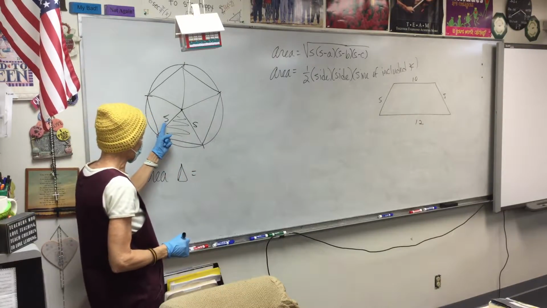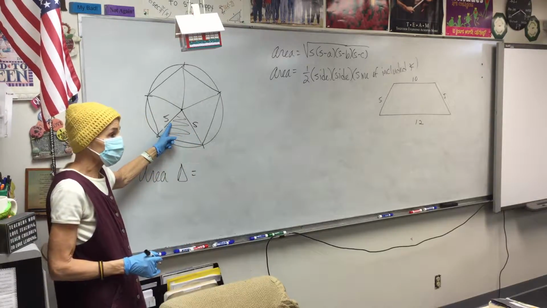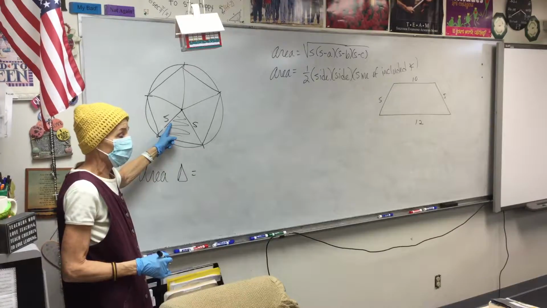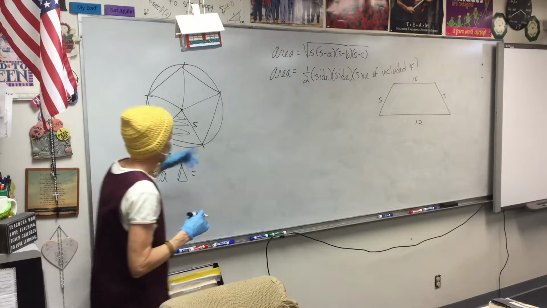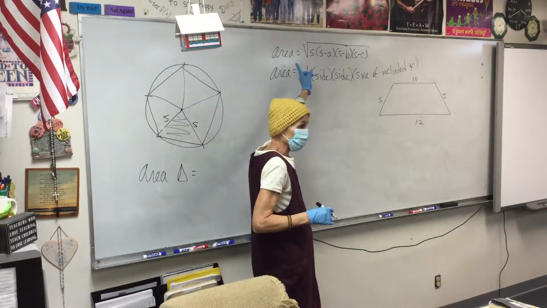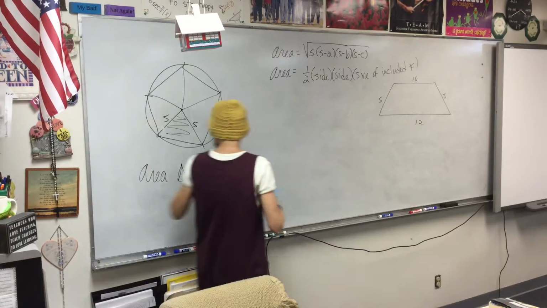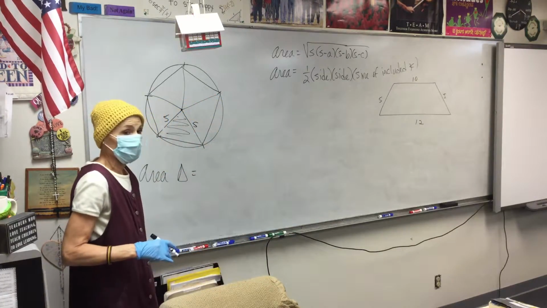Now, at this point, you have these two sides. Is there a way of finding easily and quickly either the other side, so we could do that, or the angle in between the sides, so we could do it this way? 360 divided by 5.